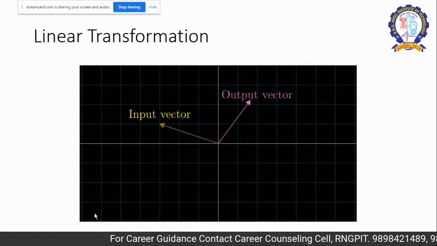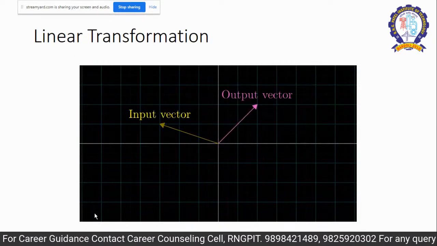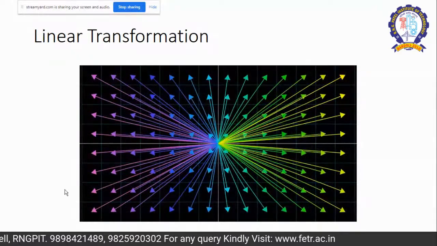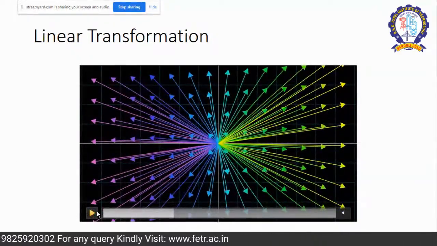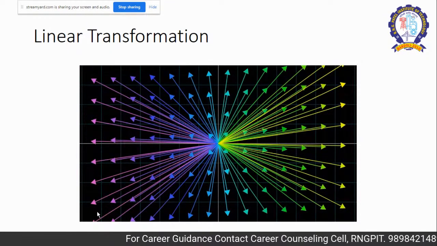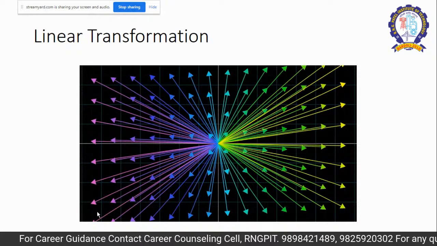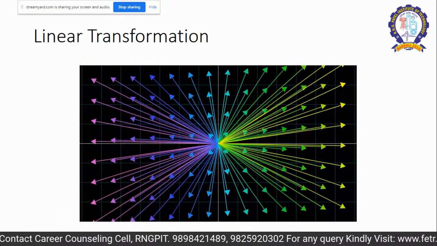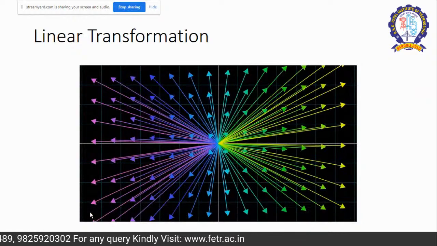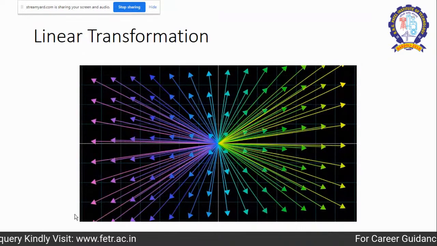It can be transformed from one place to another whenever we apply the transformation or function. Whenever we transform one point to another point, it does not affect only a single vector. It affects all other vectors associated with that particular plane. So the transformation or function affects each and every vector in that particular space.